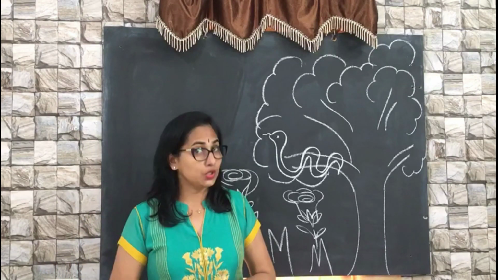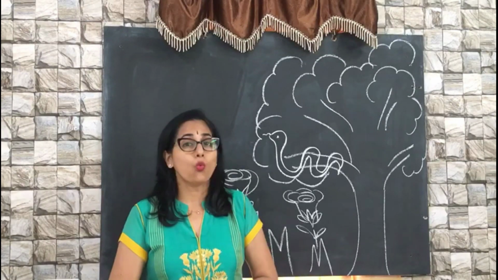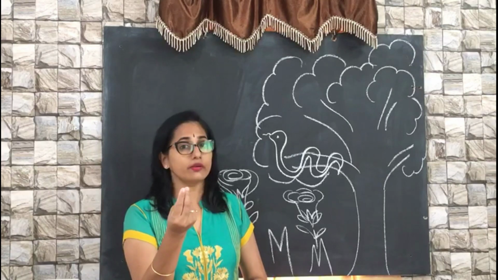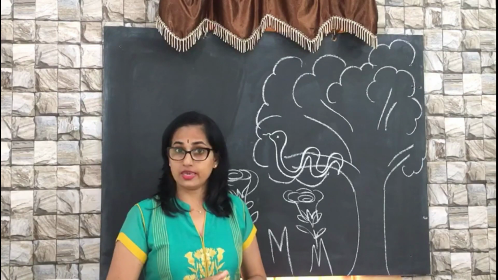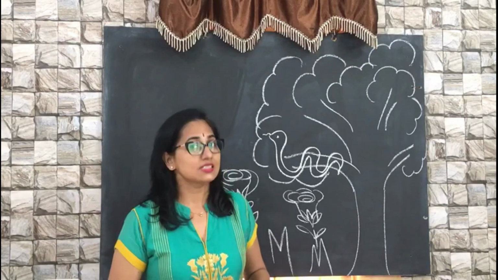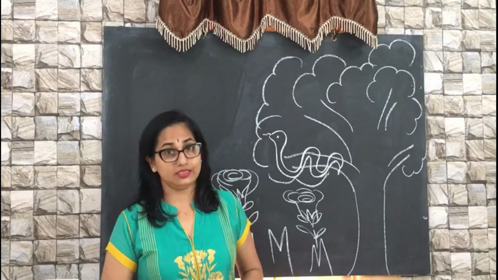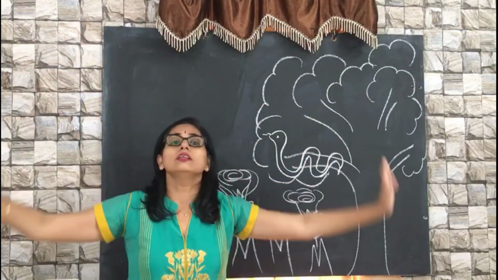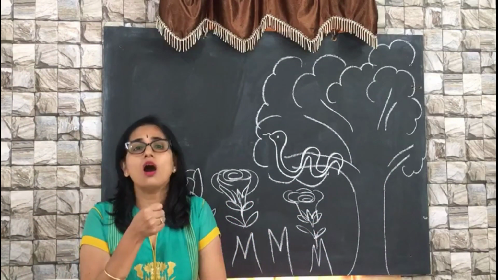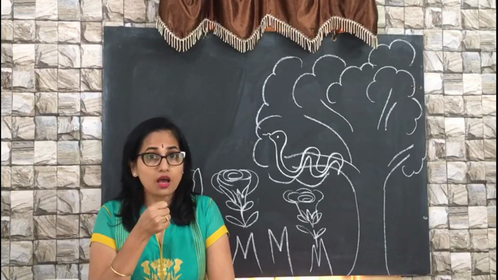Parrot. Q is for queen. Queen. R is for rose. Rose. S is for snake. Snake. T is for tree. Tree. U is for umbrella. Umbrella.